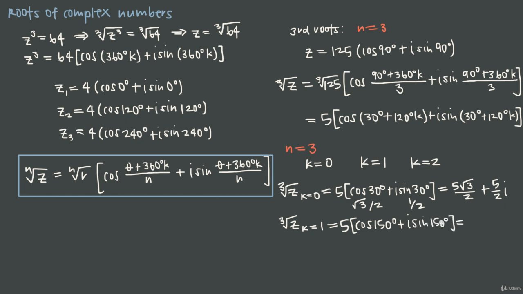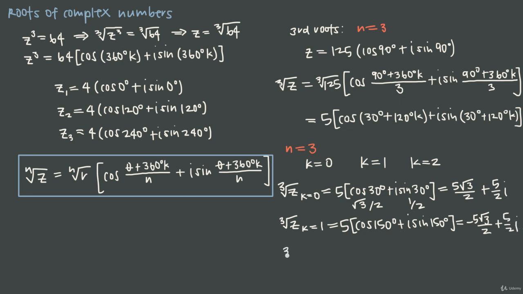Cosine of 150 is negative root 3 over 2, so I'm going to end up with negative 5 root 3 over 2, and sine of 150 is positive 1/2 again, so I'm going to end up with 5 times 1/2, or 5/2 i.